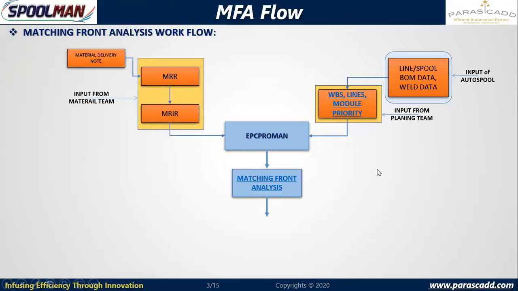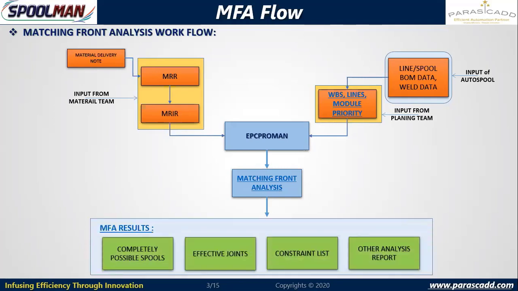Ideally, it is once a week, or whenever there is a material update in my warehouse, or an intimation that material has been dispatched from the vendor site, or a change in the expected date of arrival. So we can perform the analysis and keep things updated. We get output like this: completely possible spools, partially possible spools, constraint list, and many other reports. Around 15 reports are generated for each analysis.